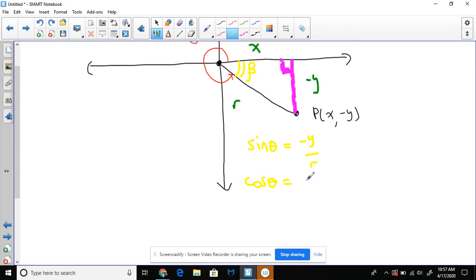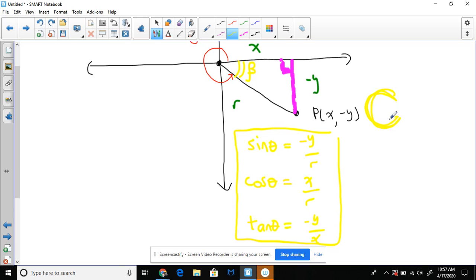Now notice the adjacent is positive, so x over r. And then tan of theta is going to be negative y over x. So these are my ratios. And again, which one is positive? Well, in this section, the cosine is positive.